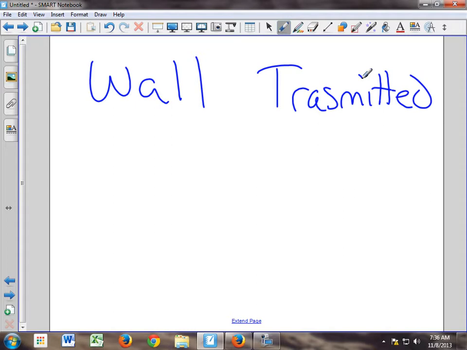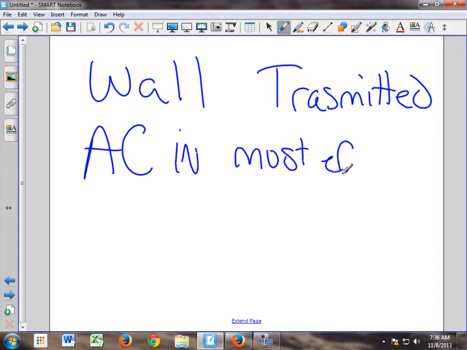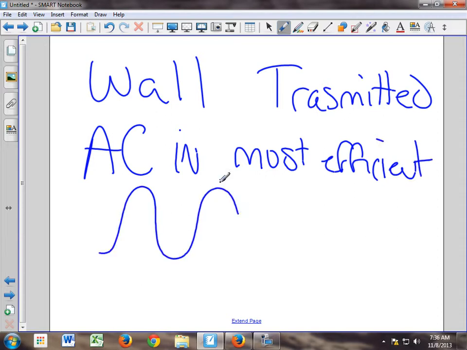AC power, right? So AC power comes in because it's the most efficient way to transmit. AC is alternating current, and it alternates at a frequency of 60 hertz, which means 60 cycles per second. But alternating power is crappy for electrical components.